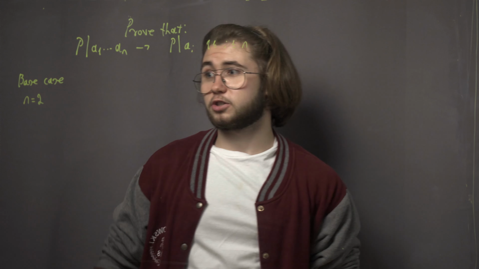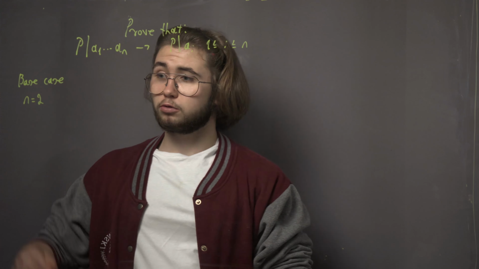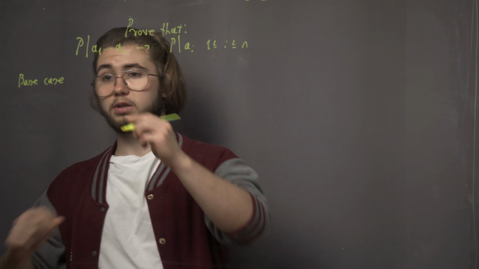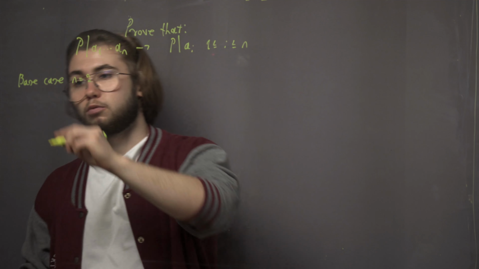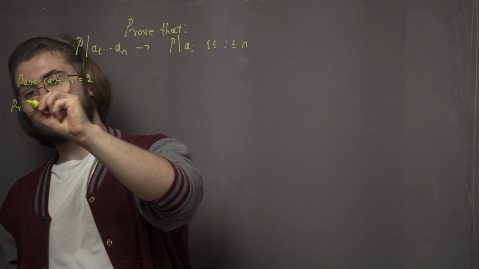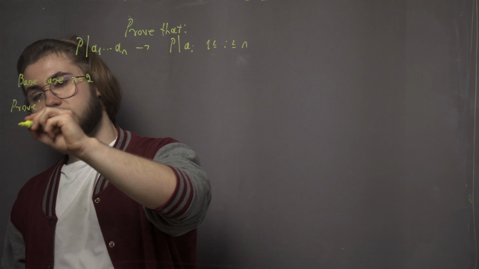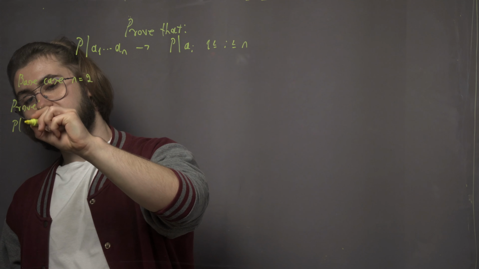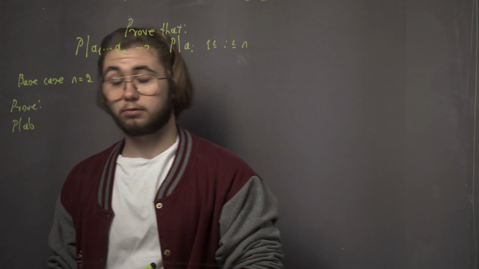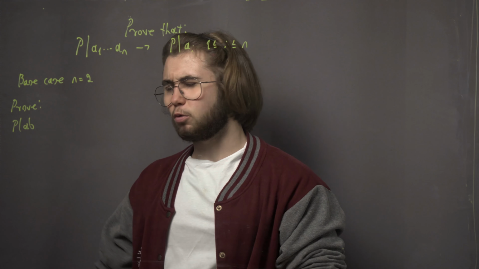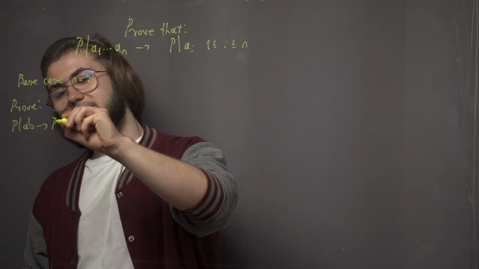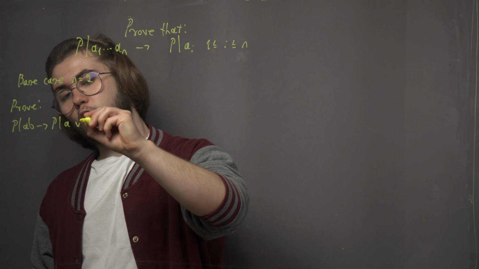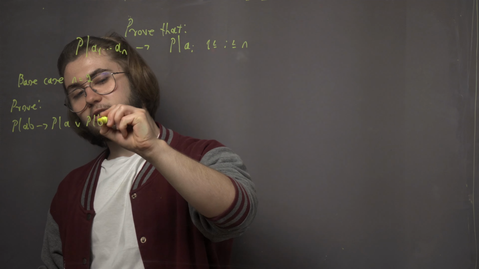It's all lovely. So for the base case of n equal to 2, we would like to prove that whenever p divides, let's say, a times b, so I don't have to write those subscripts like a1 and a2 because it's annoying, then p divides a or p divides b.